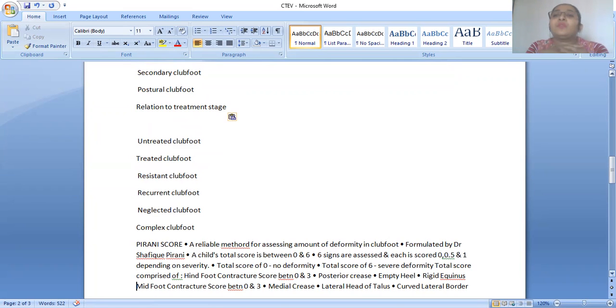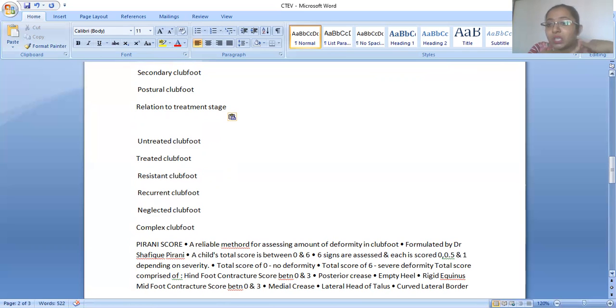So when the parents come with the child to you, the physiotherapist, or to any clinical physician, they must know what the severity is, how much the severity, and how we manage and score the severity.